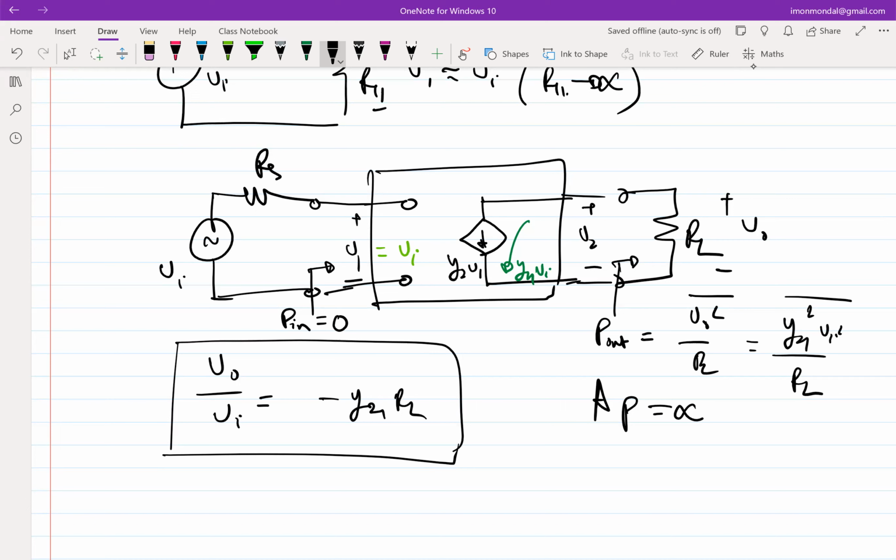Ultimately, power conservation holds. So I have stripped away the DC sources and all, but where from are these control sources arising? These control sources are not RLC circuits, right? They are something else, right? So they derive power from somewhere else, from some supply, right? They are derivatives of IV characteristics.